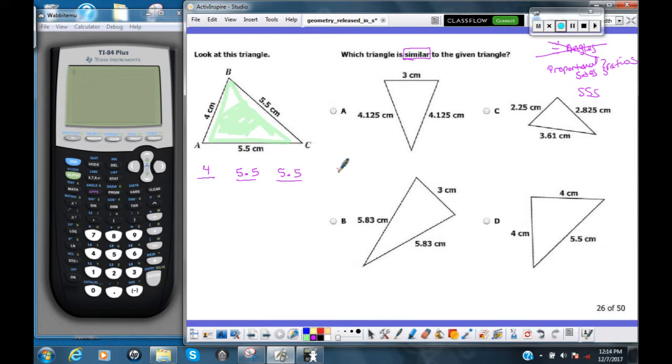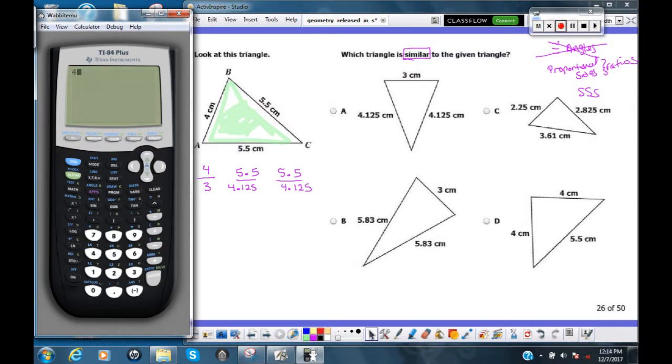We're going to do triangle A first. My least number is 3. Then I have 4.125 and then 4.125. The way I determine if these ratios are congruent is I take 4 divided by 3, put it in my calculator, and hit math, enter, enter to reduce it to the lowest fraction term.